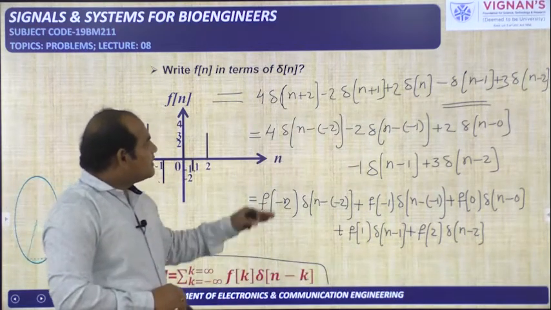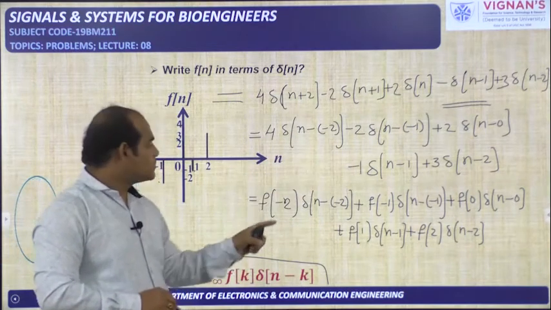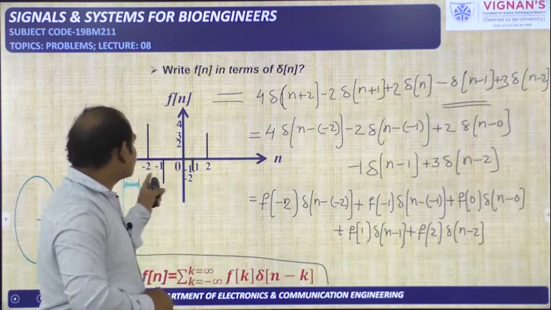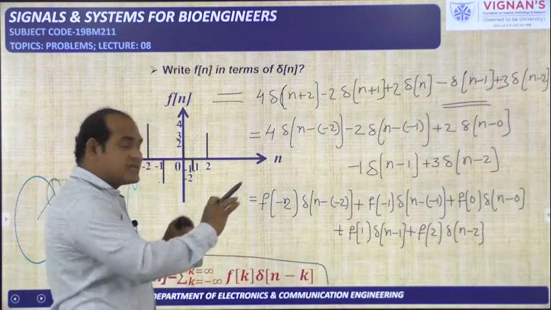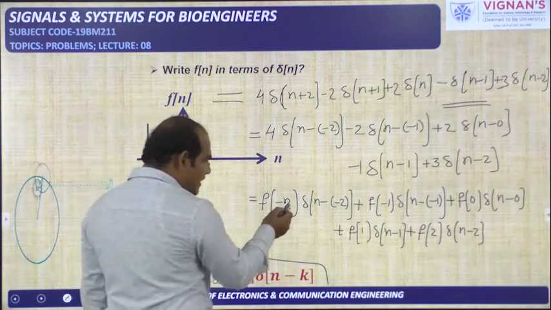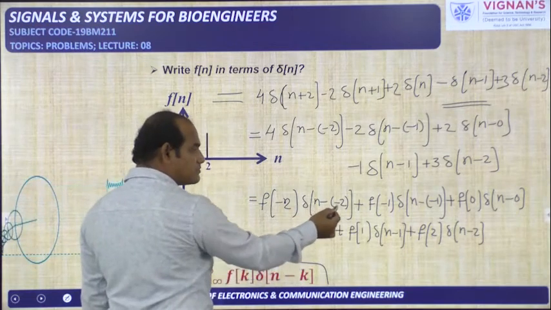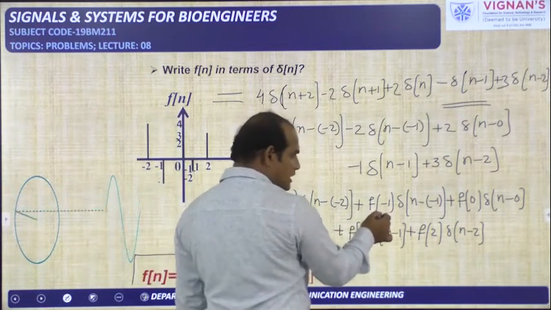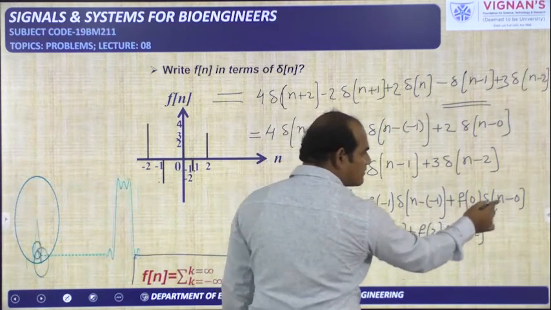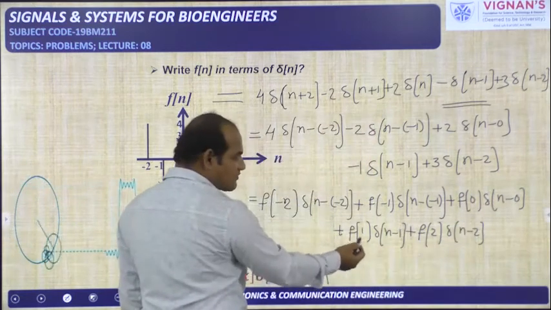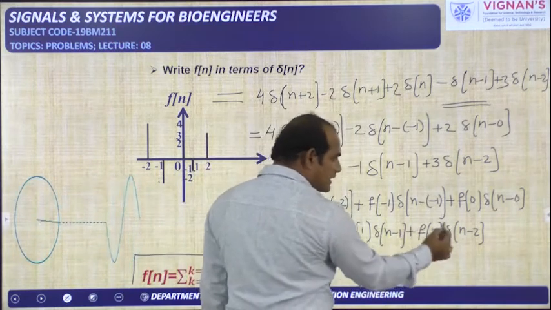So you see now, in place of the amplitudes 4, minus 2, 2, minus 1, 3, we have written in terms of f of minus 2, f of minus 1, f of 0, f of 1, f of 2. Now if you see this equation carefully: f of minus 2 del of n minus minus 2, f of minus 1 into del of n minus minus 1, plus f of 0 into del of n minus 0, plus f of 1 into del of n minus 1, plus f of 2 del of n minus 2.